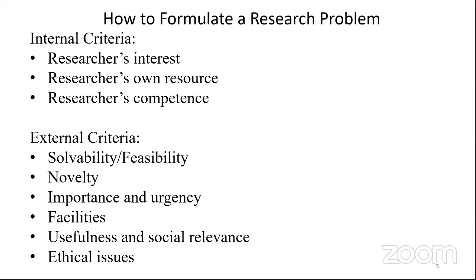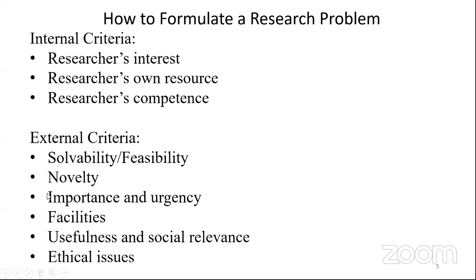So, for example, your supervisor will perhaps give you 5 topics, and then you should be able to choose one among those 5, because for obvious reasons, you can't work simultaneously on too many problems. So each identified problem must be evaluated in terms of certain criteria, which are the internal criteria as well as the external criteria.